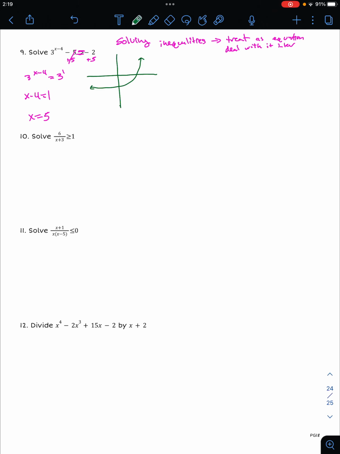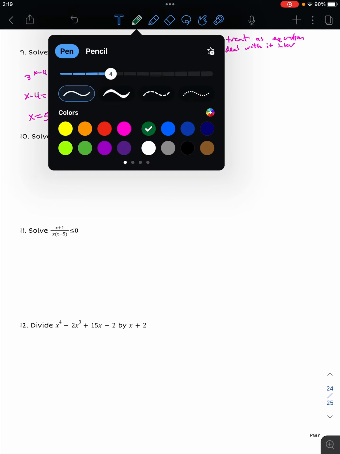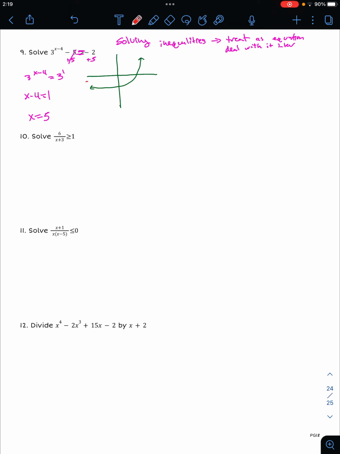And we said x equal 5 is the cutoff point where we're greater than -2. So maybe -2 is right around here, and that's our cutoff point, right? That's where x equals 5. And so if I want to be greater than that, well, all of this to the right of that point is going to be greater. So my answer is just going to be x is greater than 5.